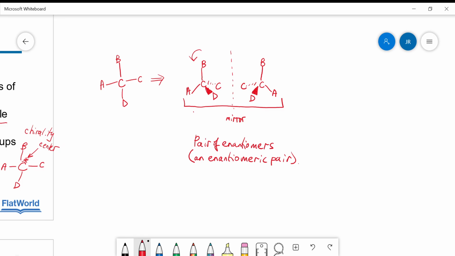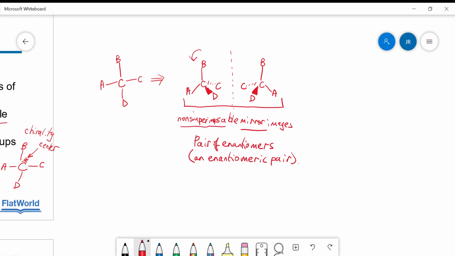Well, first of all, they're mirror images, check, but they're also non-superimposable mirror images. So they have to be mirror images, but they also have to be non-superimposable.